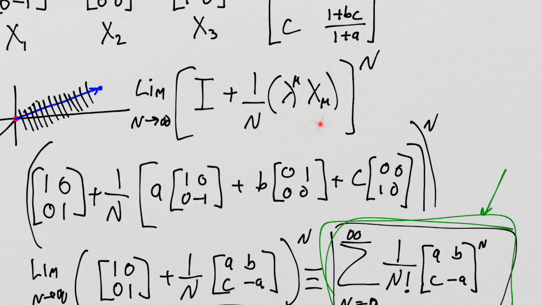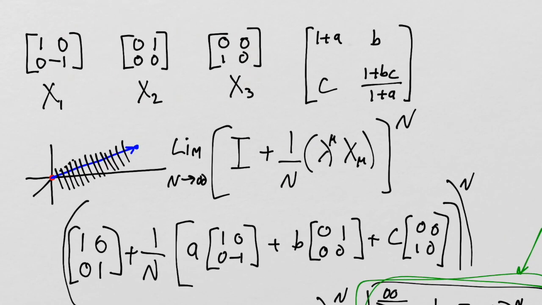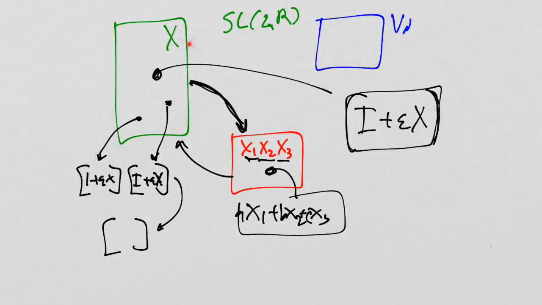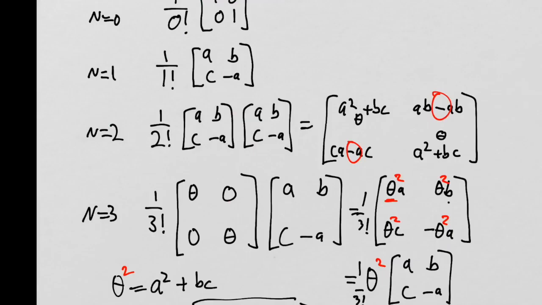We understood that this guy in here is not an element of the vector space of infinitesimal generators because you've got this multiplication going on, and that multiplication will allow additional matrices to appear that are not members of the vector space. We interpret this guy here as a member of the Lie group, and the multiplication is executed in the Lie group, not in the vector space of infinitesimal generators.